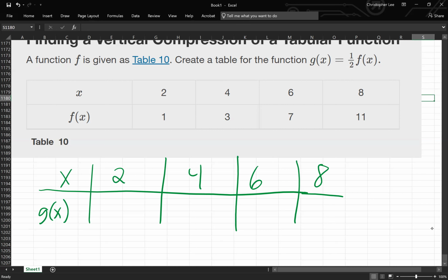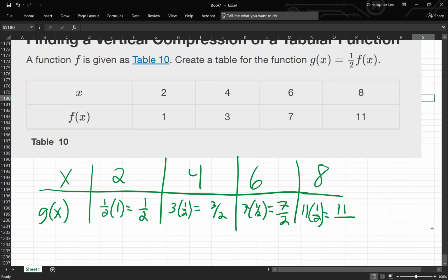The y values. So this is going to be 1 times 1/2. Let's call that 1/2. This is going to be 3 times 1/2, this is 3/2. This is going to be 7 times 1/2. Call that 7/2. And this one's going to be 11 times 1/2.